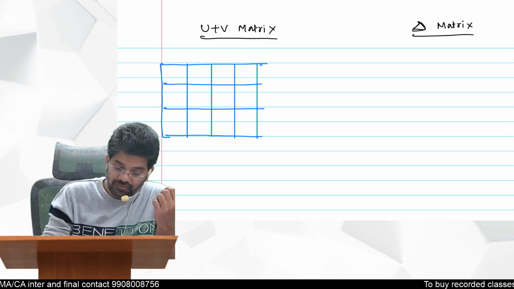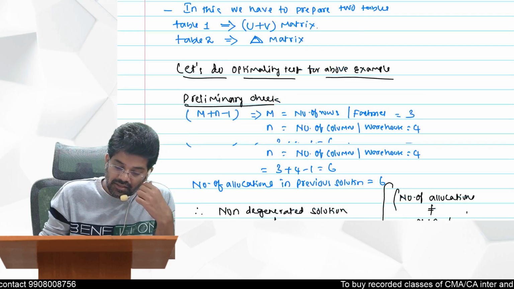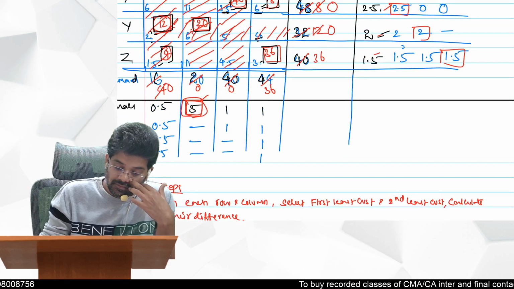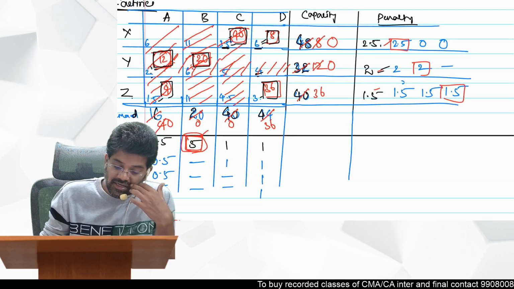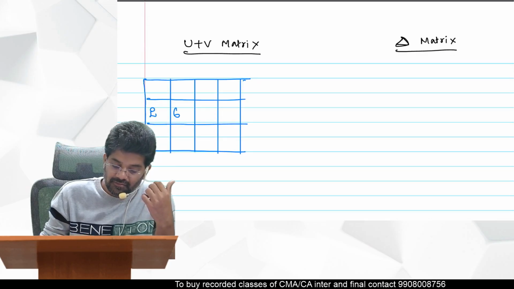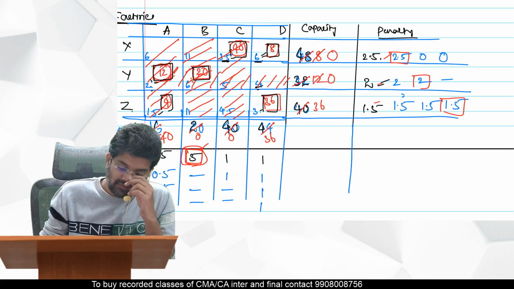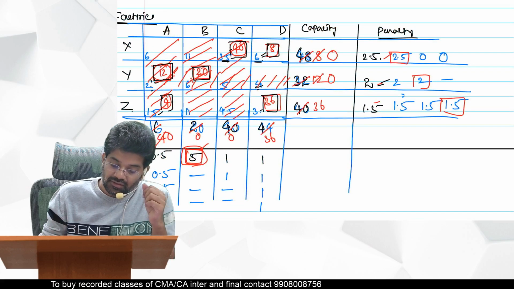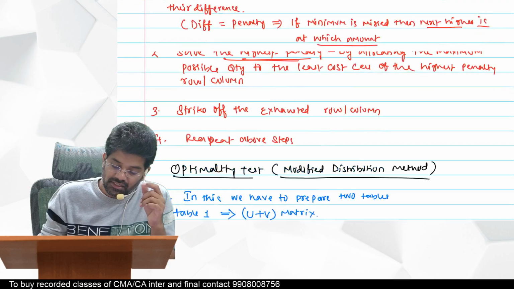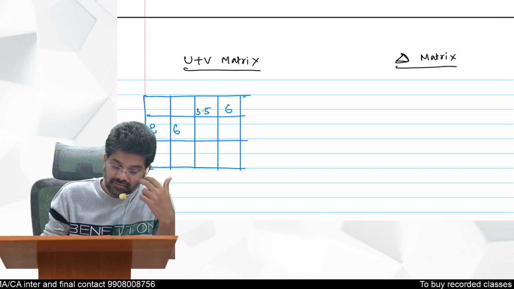Take 2. Then next, 6 is allocated there, and the cost of that is 6. Then first row, third one, 3.5. Then 6.